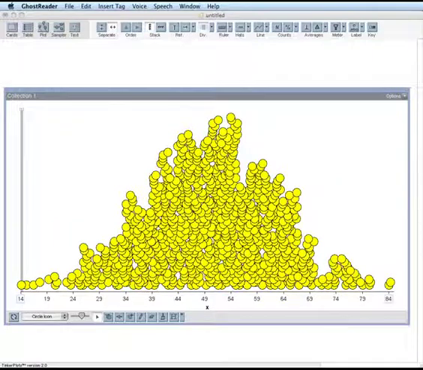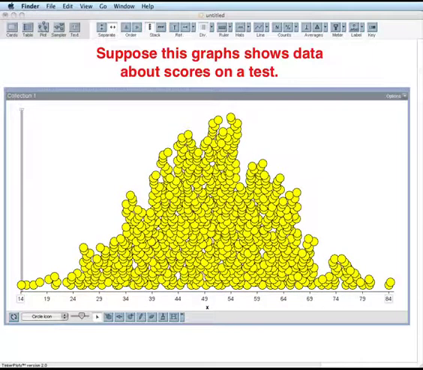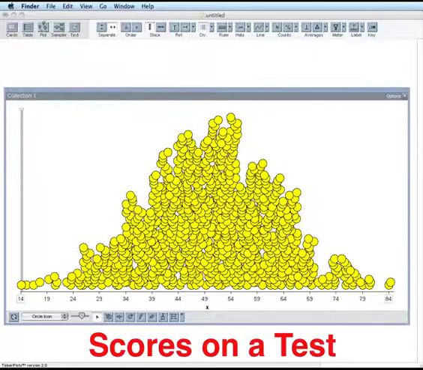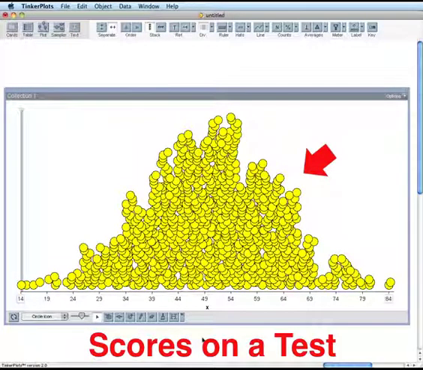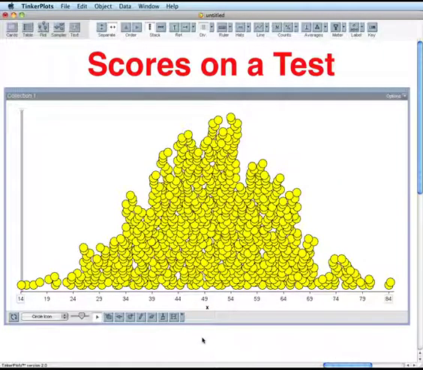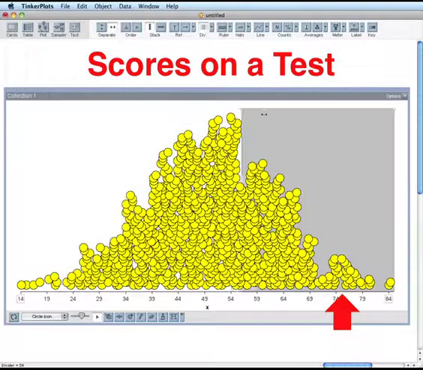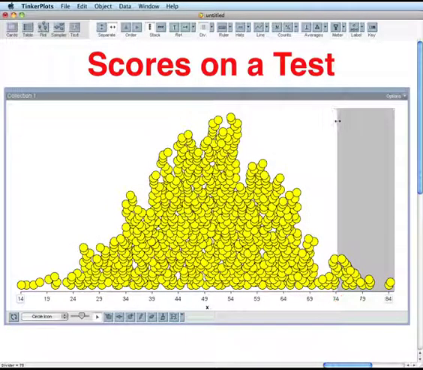For example, later in this course, we may start with a collection of data about scores for students on a test. So, the graph may look like the bell-shaped pile shown in this graph. And we may want to find the probability of scoring lower than 25, or higher than 75, on some test.